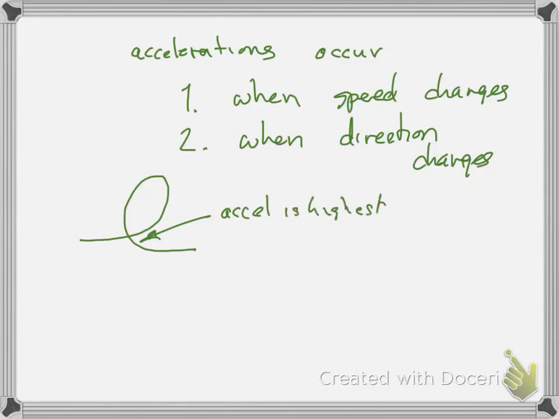The picture that I drew is meant to be a roller coaster loop, and a roller coaster car is going through that loop. It's going to be going fastest when it gets to the bottom of a hill, and it's going to be accelerating the highest when it's going fastest and going around a curve. So we'll talk more about that when we talk about two-dimensional motion.